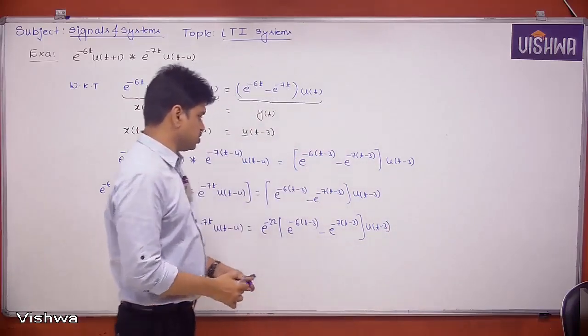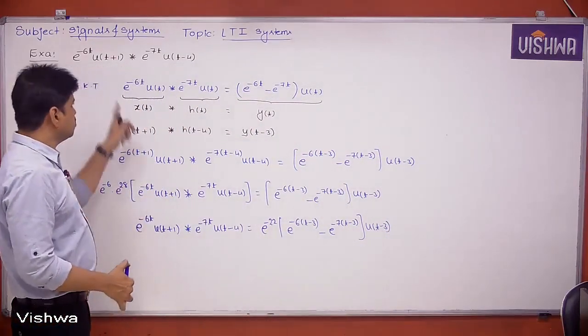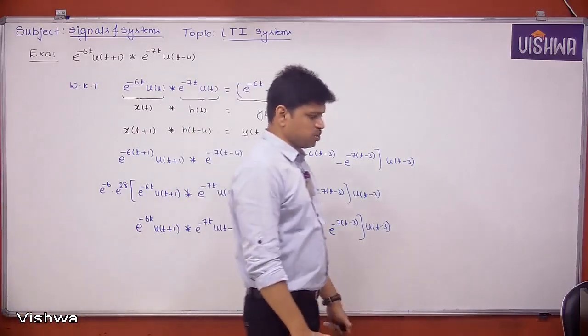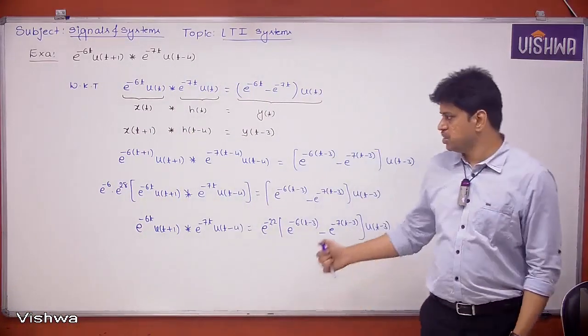That's what we are going to get. That is the final output for this convolution. So this extra term e power minus 22 is there. Clear? Take it.